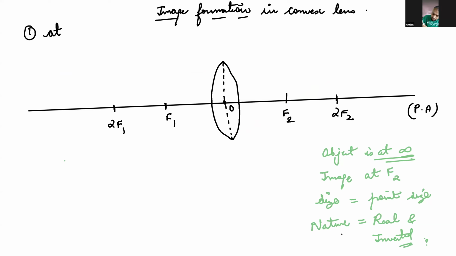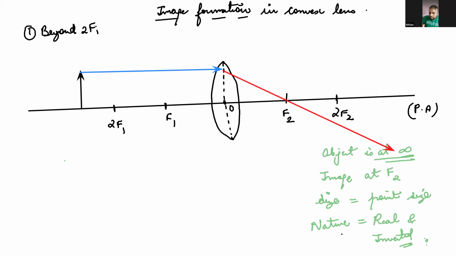Now I will put an object not at infinity but beyond 2F1. What is meant by beyond 2F1? Like if I place an object here. The first case is when a line is parallel to the principal axis, then it will go through F2.